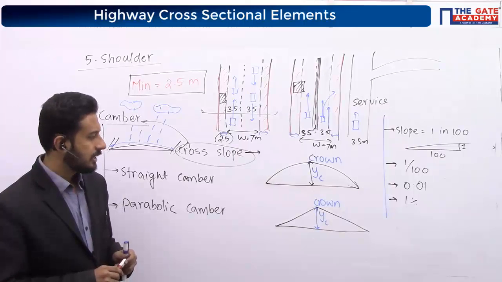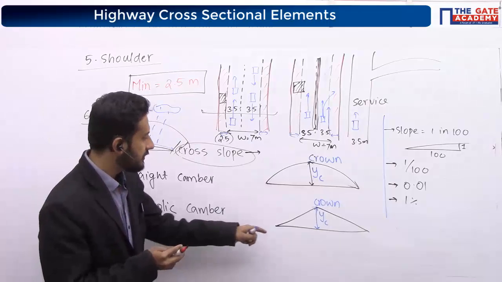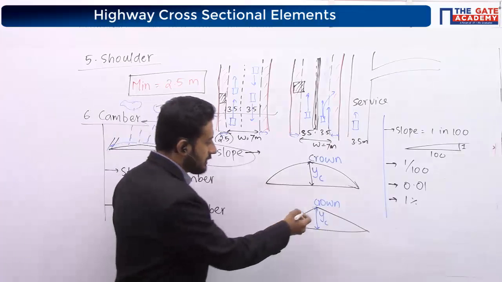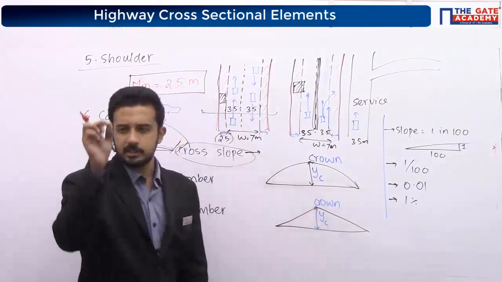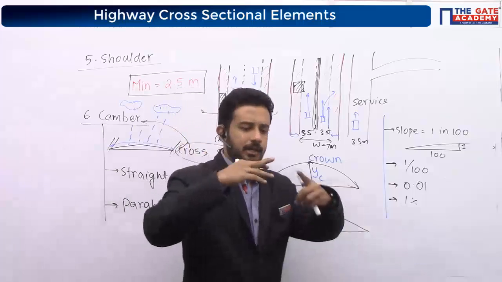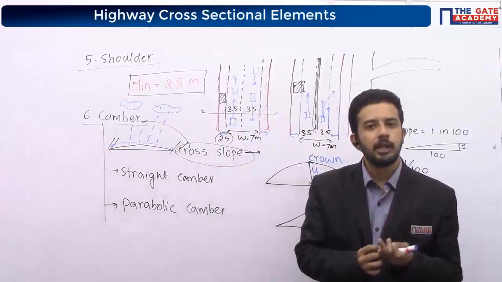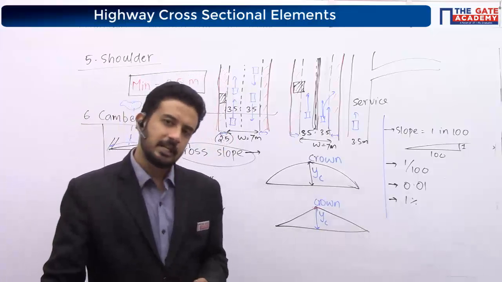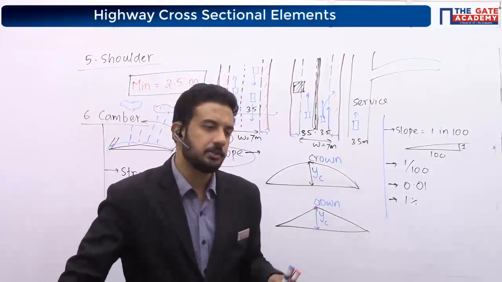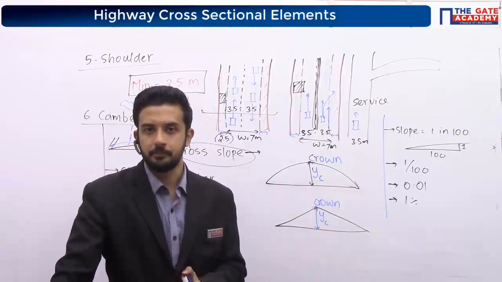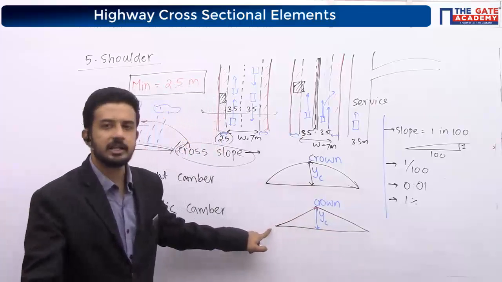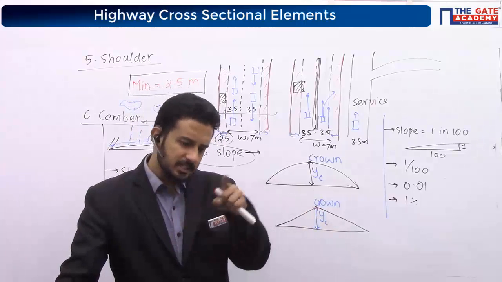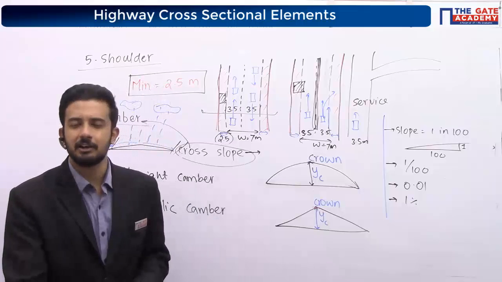Obviously, as you said, if it is a straight road, there is a problem for speed. There is a pointed shape. So on a 2-lane road, if you are going at very high speed, all the vehicles will have a tendency to use the middle portion of the road. You may not go to the very side; you may use the middle portion. Since there is a pointed shape, it will definitely affect.